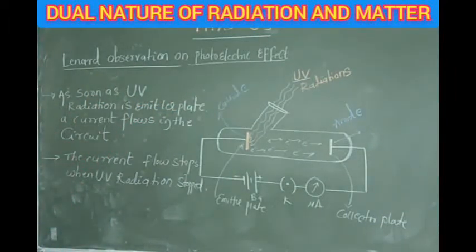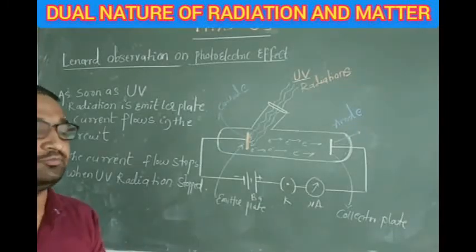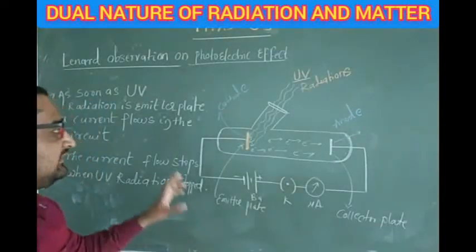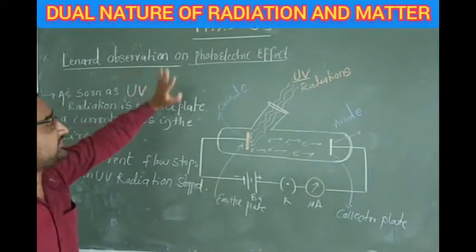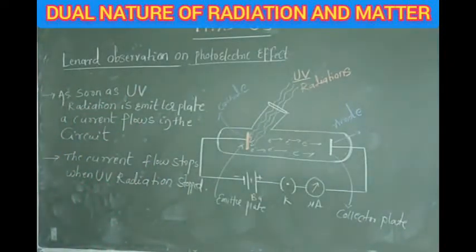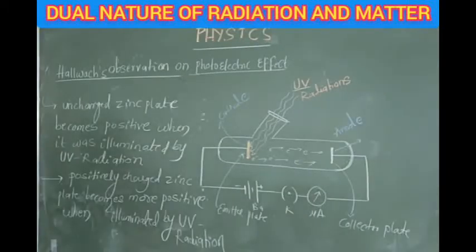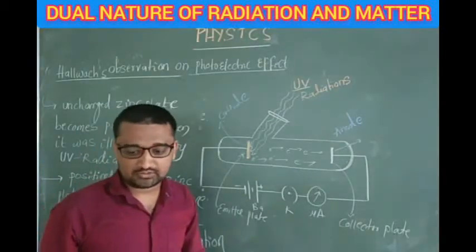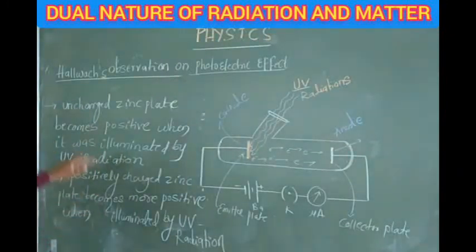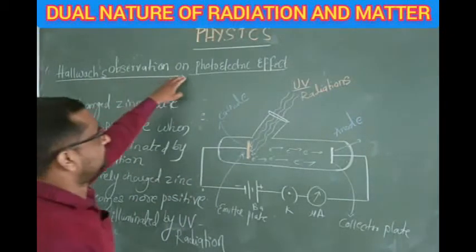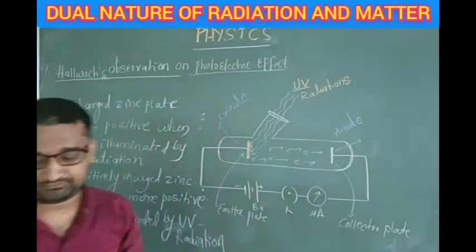Now there is one more scientist, Hallwachs, who made an observation on photoelectric effect. Now let us discuss the Hallwachs observation on the photoelectric effect. As we have discussed the Lenard observation, now what is Hallwachs's observation?